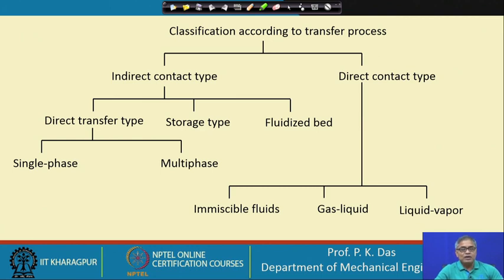Then there could be gas-liquid. As you can understand, with gas and liquid there is no question of mixing together. So, gas cooling can be done by spraying water, as one example. And then liquid-vapor: if we use the vapor of the same liquid, then if there is mixing, there is not much problem.